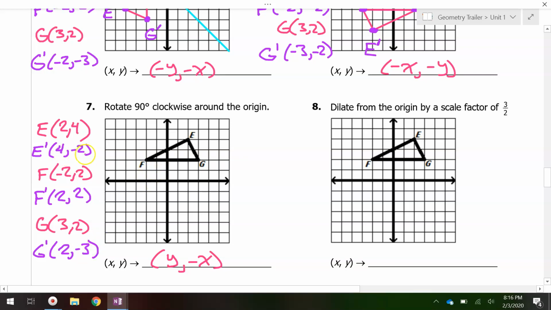So 4, -2. And 2, 2. And 2, -3. All right, so that is E prime, F prime, and G prime.